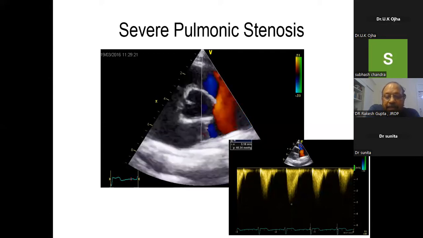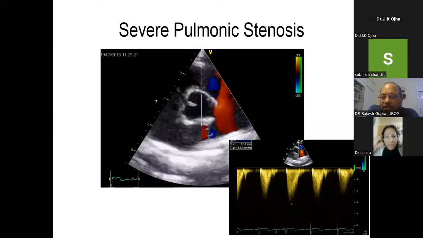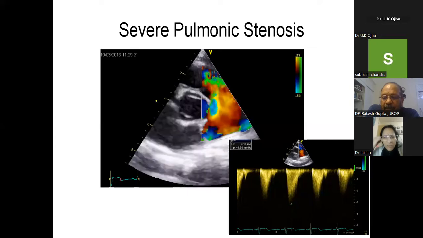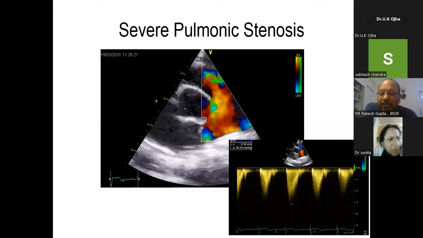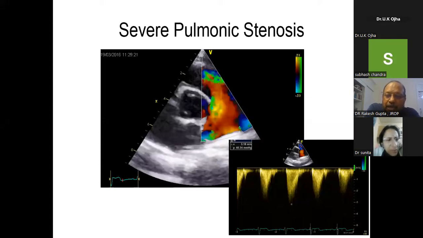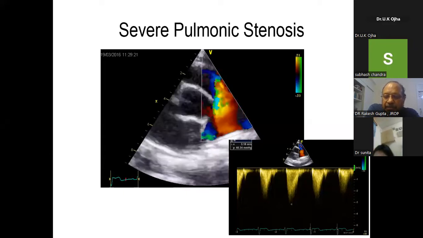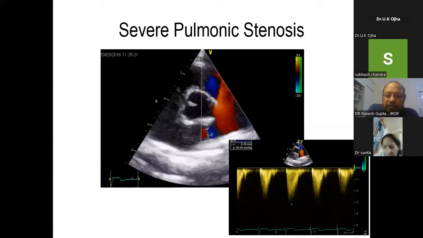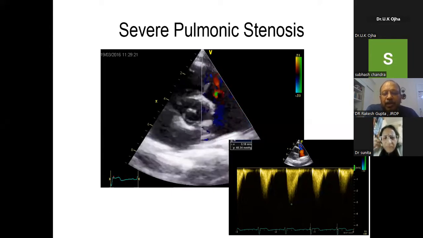Second, you have to have a perfect ejection fraction or LV function, because if your LV function is low, you are going to underestimate your aortic valve gradients. And the third most important part is to look at the peak velocity across all 6 different windows. If you measure only 2 or 3 and you're in a hurry, you forget.